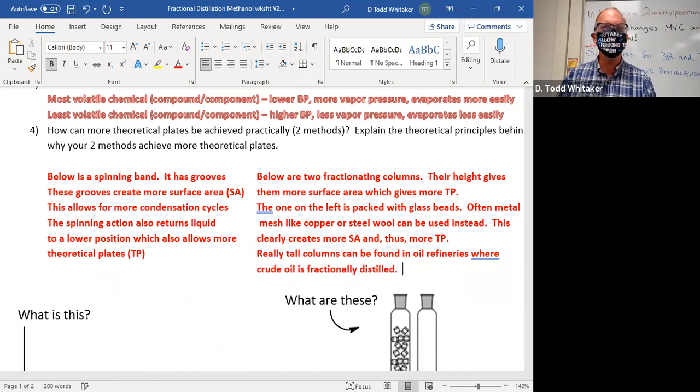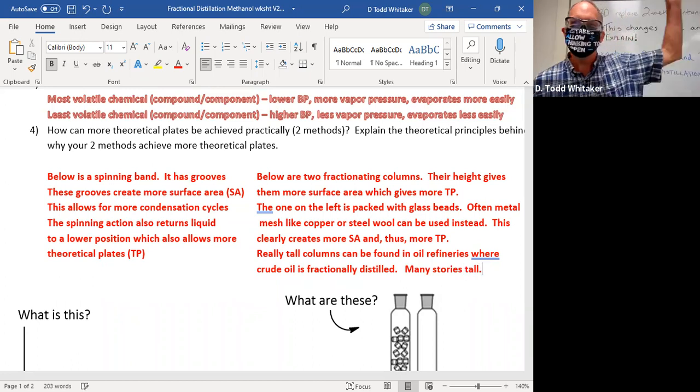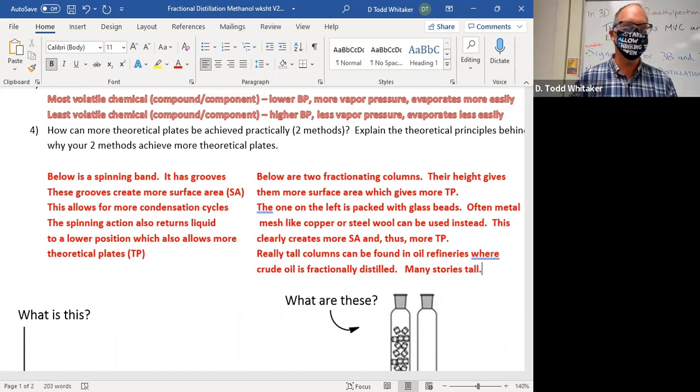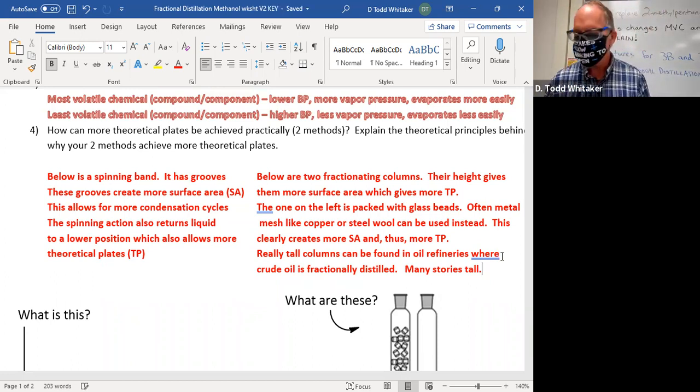Now, these columns can be many stories tall, as tall as this building, which is a 4-story building here, on this part anyway. So you can imagine a lot of theoretical plates there.